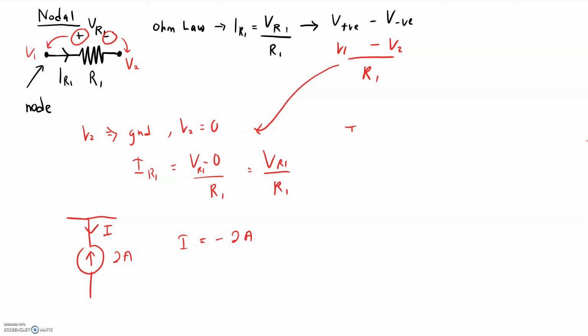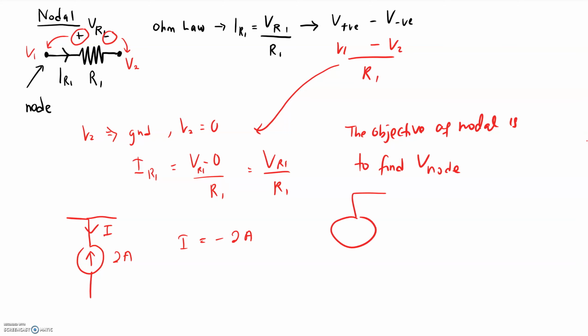Okay, the objective of nodal is to find V node. If you found a circuit that looks like this one, so here is the V1.